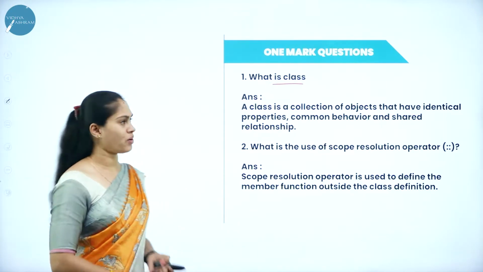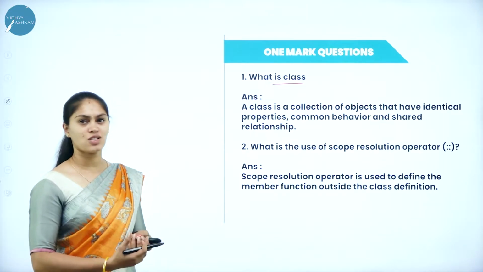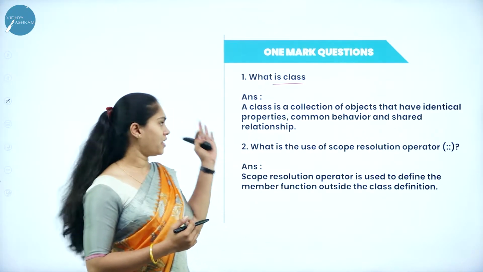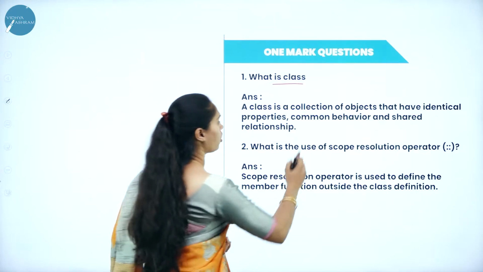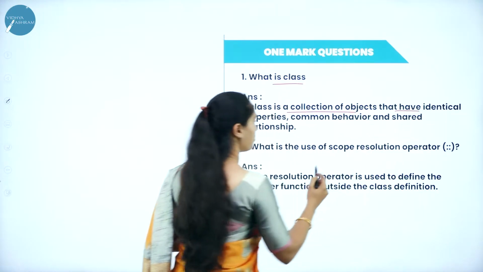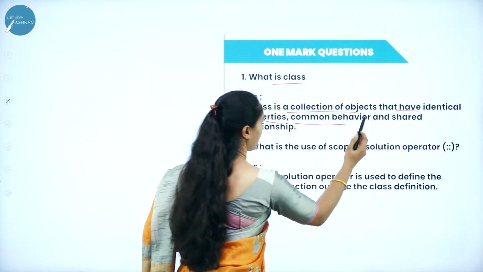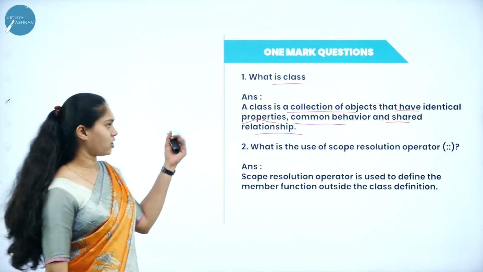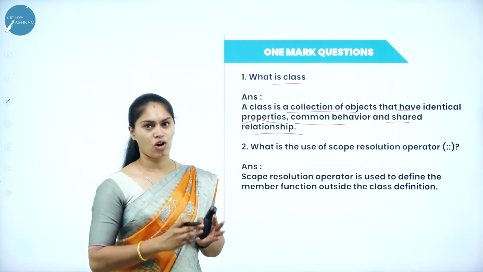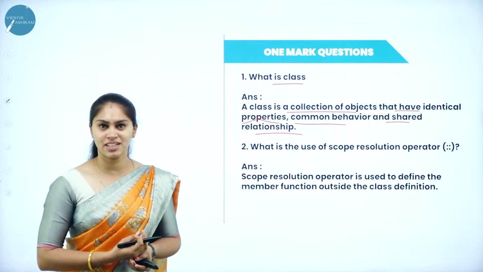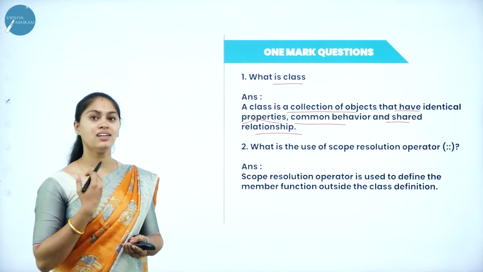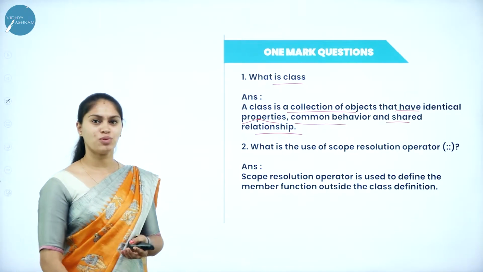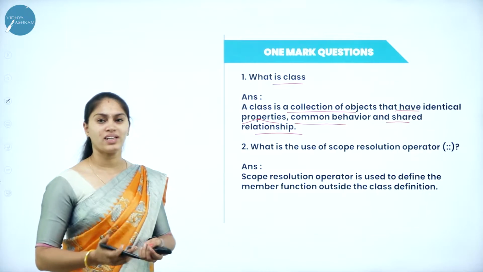Class is a collection of objects that have identical properties, a common behavior and a shared relationship. Or you can also write: class is a collection of objects, class is a user defined data type, class is a template. Those are the many definitions we have for a class. So the most frequently asked question is what is class?